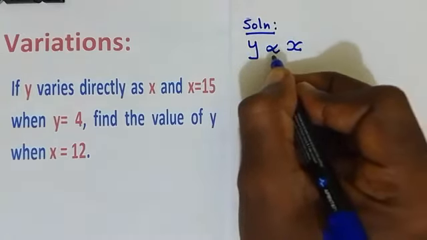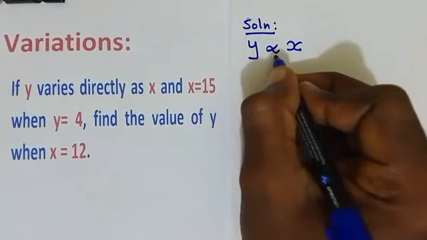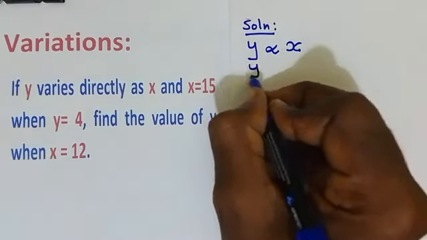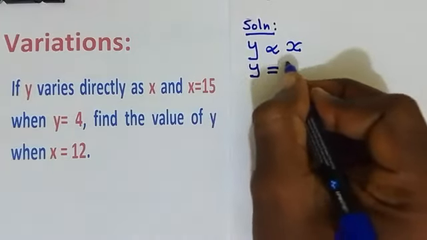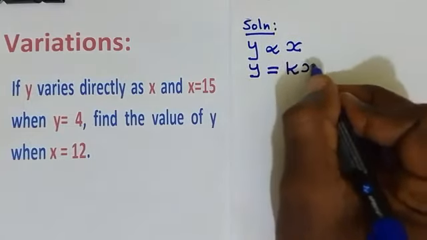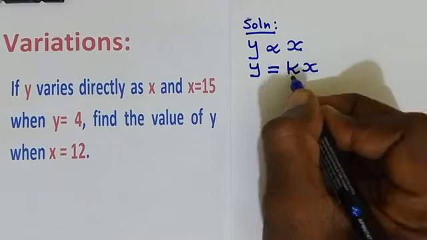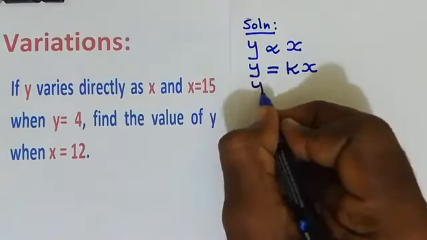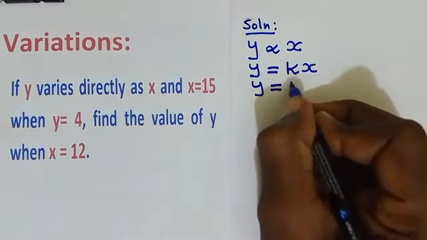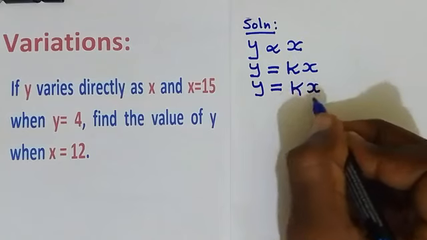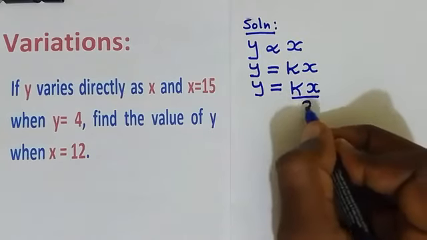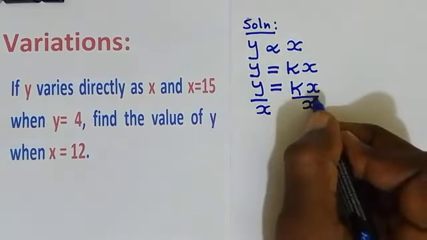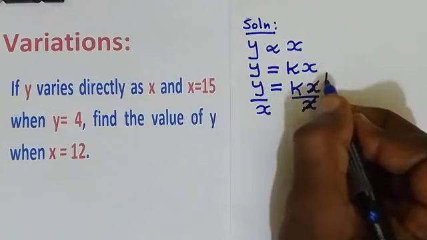Next, we need to remove this proportional sign and introduce the constant k, that is y is equal to k multiplied by x. I'm going to make k the subject, that is y is equal to kx. I'm going to divide by x on both sides.